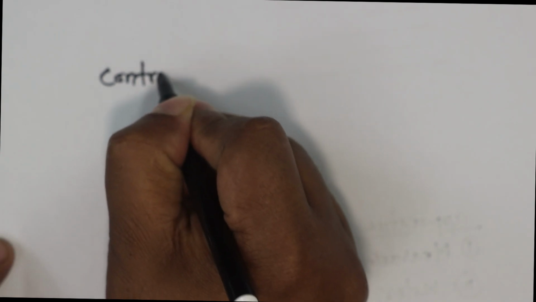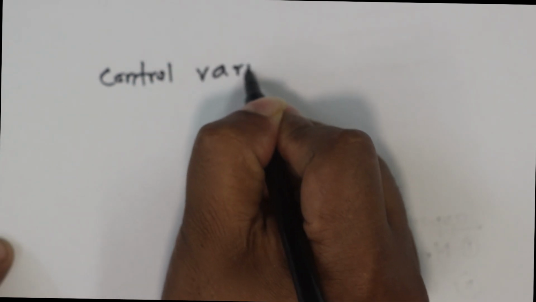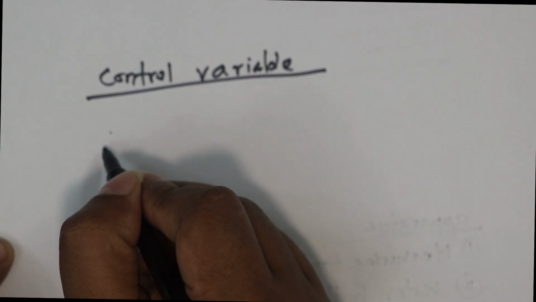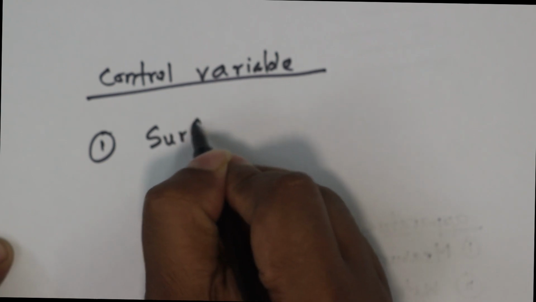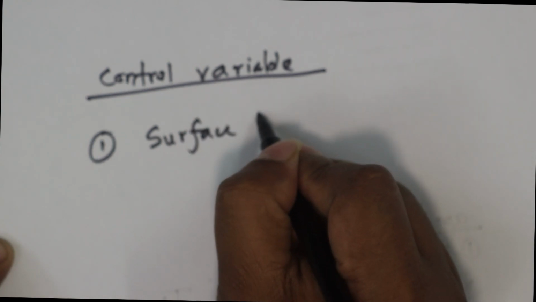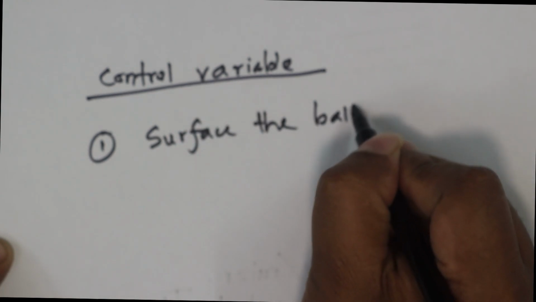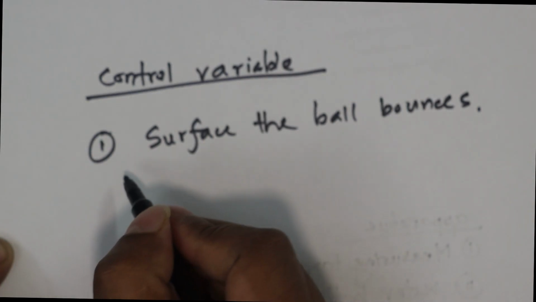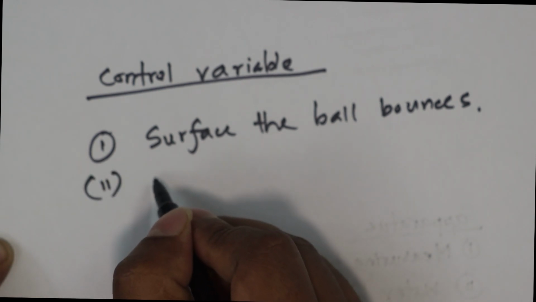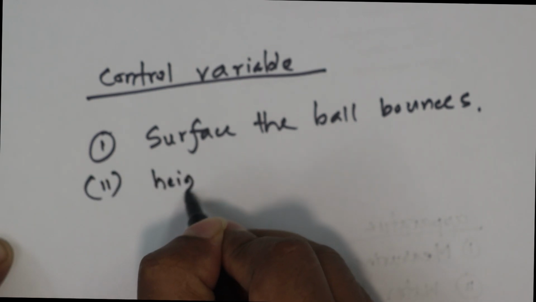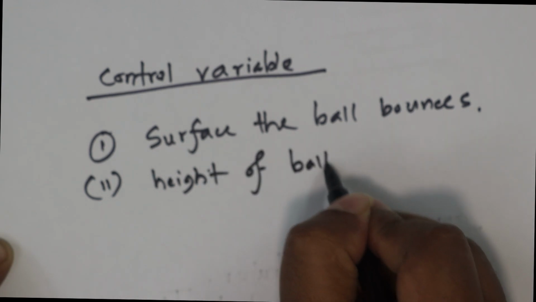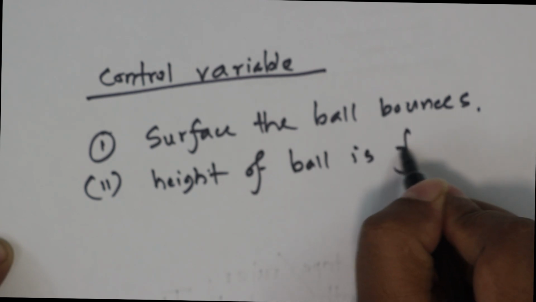So control variables are: number 1, the surface the ball bounces on; number 2, the height the ball is dropped from.